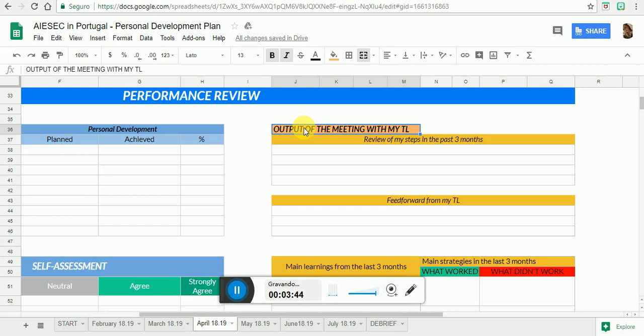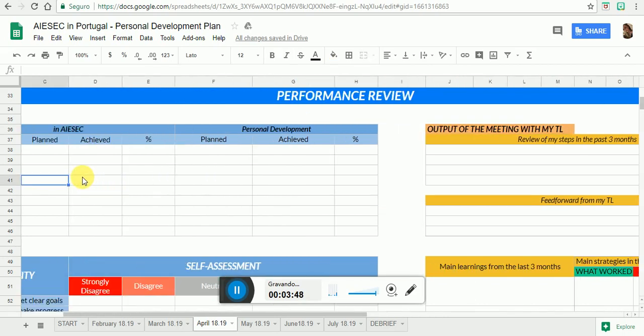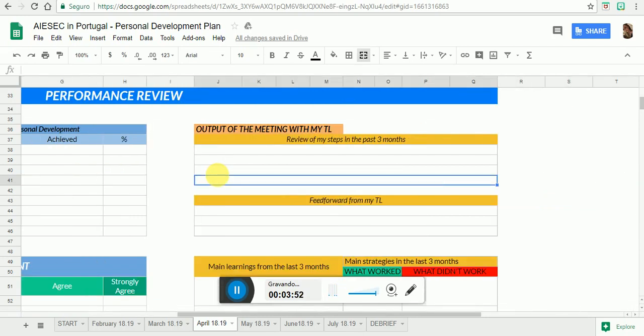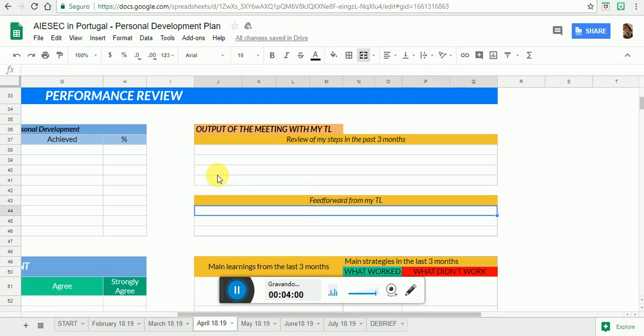What did you achieve? That's why the achievement part is important here. What did we fail and what can we do better? And also here a part of feed forward for my TL. These informations are very important, and if you need more space you can add more lines, it's okay.